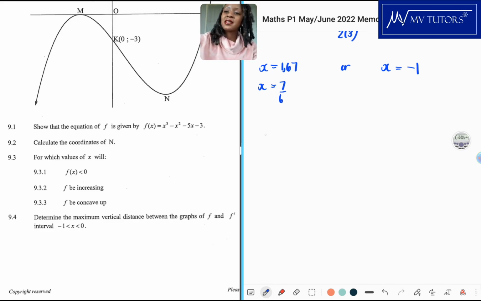So we're going to take 7 over 6 and substitute it in the formula that we have.